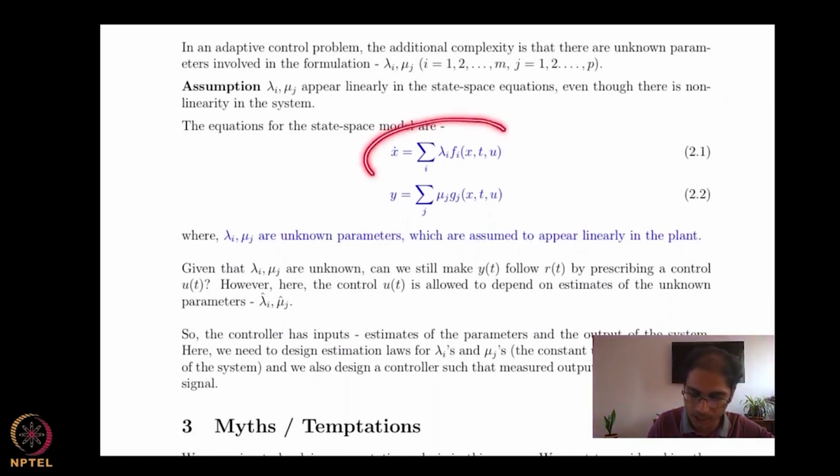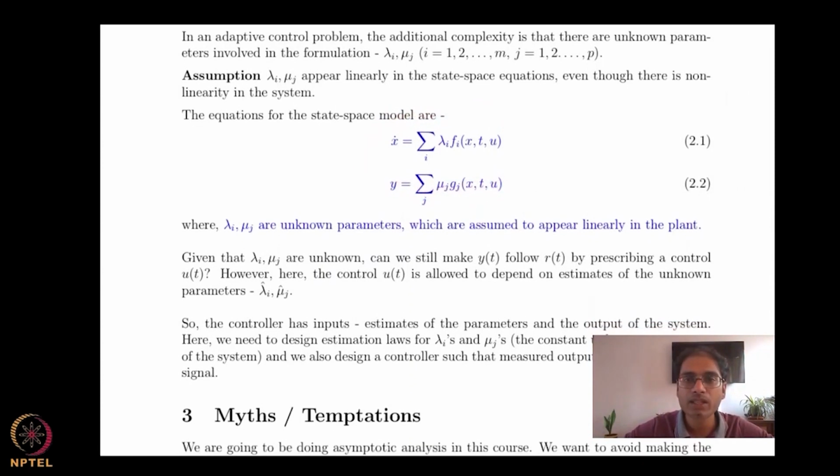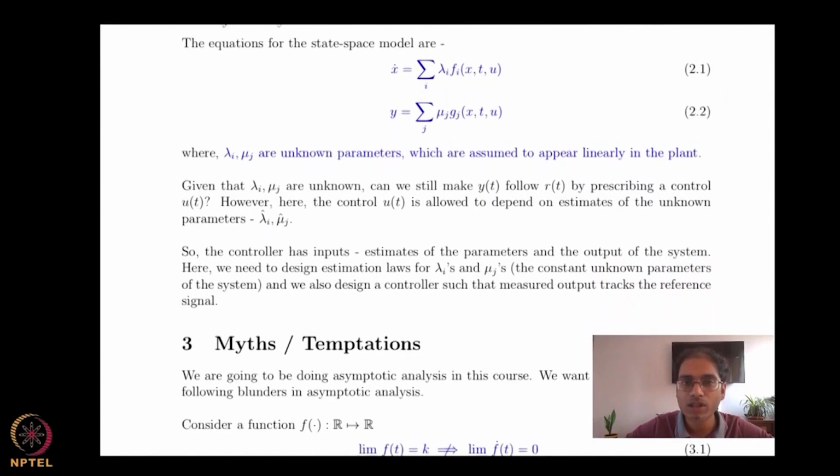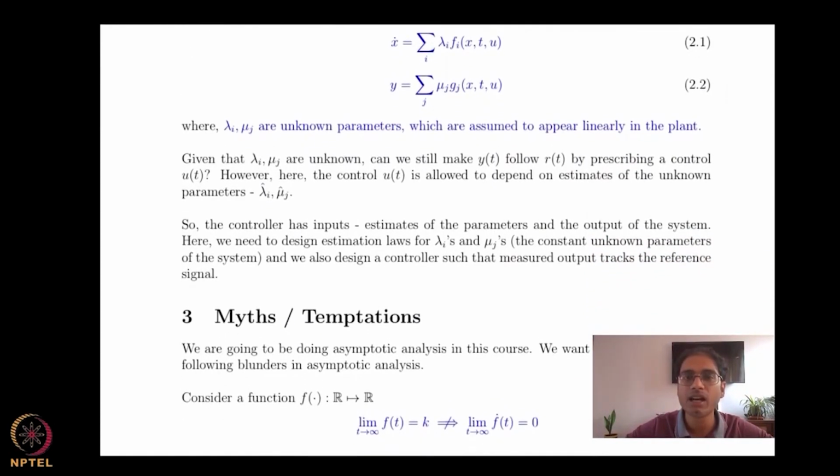These equations are simply rewriting whatever we had in the block diagram. Nothing new there. So the question is, can we still make the output y track a reference r(t) by prescribing a control? Here of course we say that the control is allowed to depend also on the estimates for the unknown parameters. This is the important part in adaptive control.